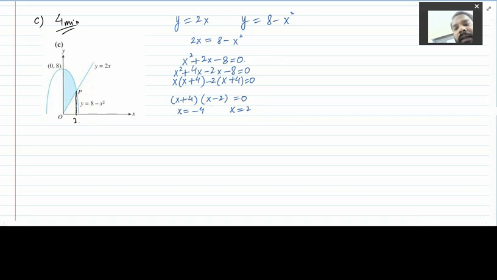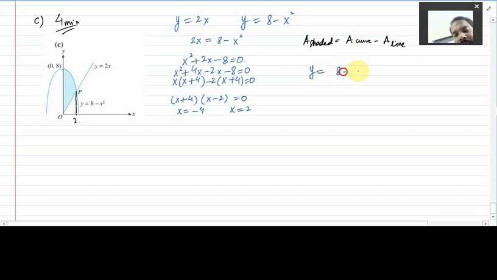Alright. After that we need to write down the main equation: area of shaded portion is equal to the area under the curve minus the area under the line. First I'm going to start with the curve. The equation of curve is y equals 8 minus x square.